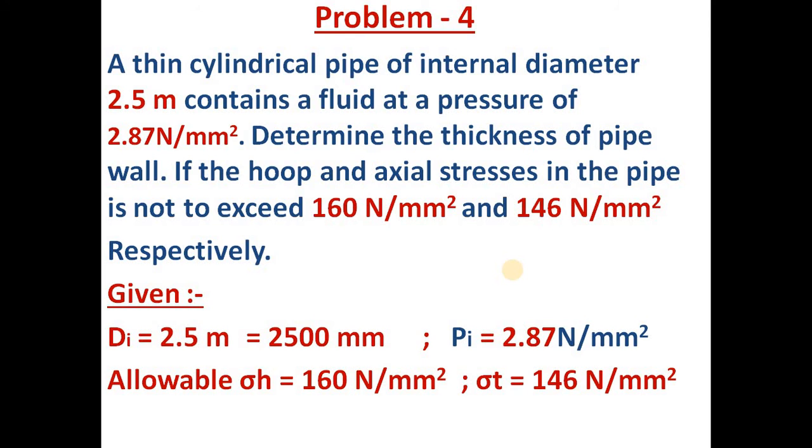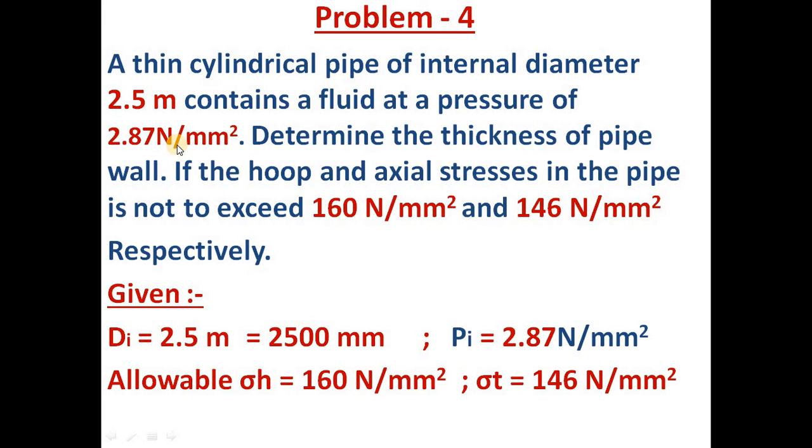Okay, you have to do. Then fourth problem. A thin cylindrical pipe of internal diameter 2.5 meter. Very large pipe, penstock type, contains a fluid of pressure 2.87 Newton per mm square.